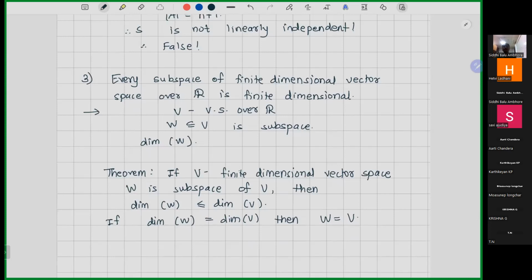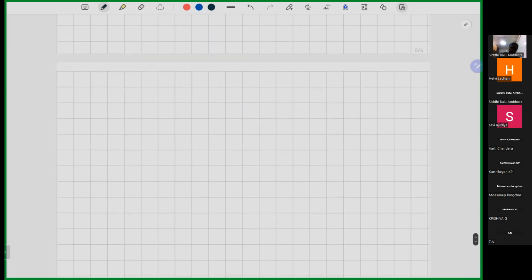But in case of infinite dimensional vector space, its subspace could be finite dimension, could be infinite dimension. For example, if I take this again, P(R), the set of all polynomials, and it has basis this, right? I mean, we wrote 1, x, x square and so on.